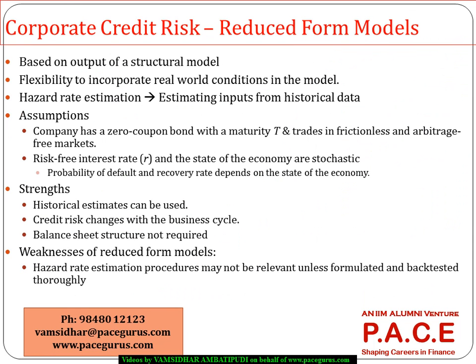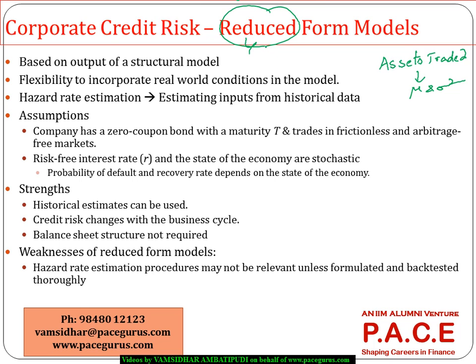And when it comes to the next set of models, which is the reduced form kind of models, they are much better off compared to the structural models, because one of the key assumptions in a structural model is the assets are traded in a frictionless market and it is easy to find mu and sigma squared.